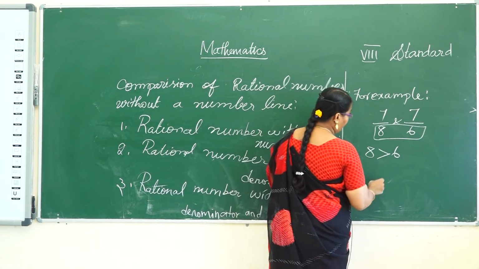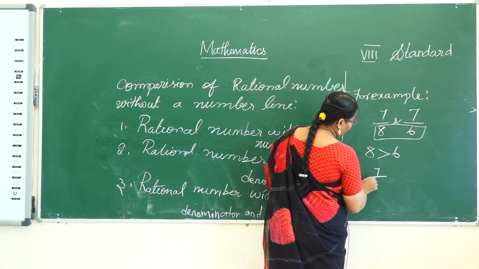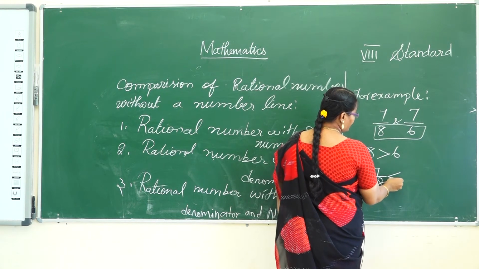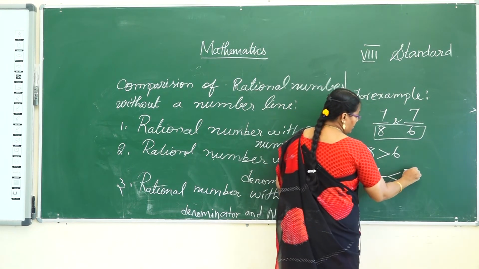So which one is the greatest value here? 7 by 8 is greater than 7 by 6.